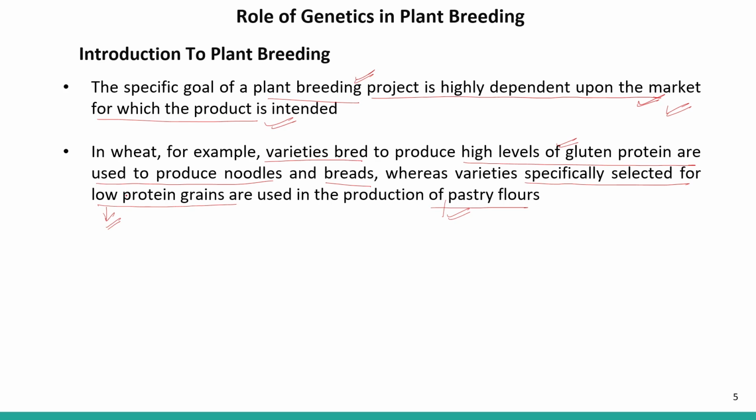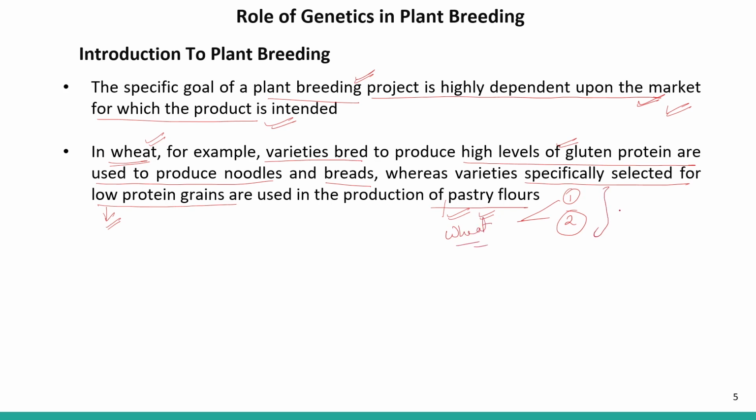So for making pastries, we require low protein grains. So we can see here, just for one crop, we require higher gluten protein for making noodles and bread, but at the same time, we require less gluten protein for making pastry. So our requirement is two types of wheat, right?